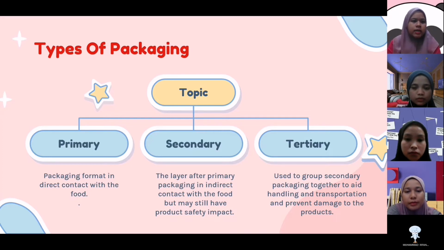And the second type of packaging is secondary. The layer after primary packaging, in indirect contact with the food but may still have product safety impact. This type of packaging also provides supplementary protection to help maintain the integrity of the primary packaging.